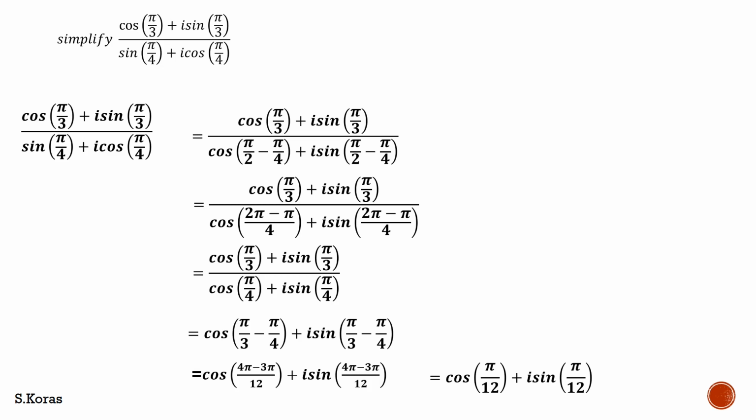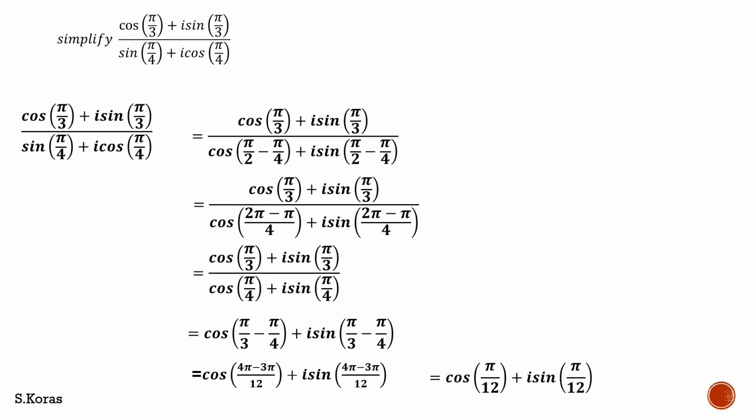So here we have seen three different types of problems. In the first problem, instead of plus I, there was minus I. In the second problem, one part is not in the polar form. In the third sum, in the place of the real part, we must have cos, but it was sine.